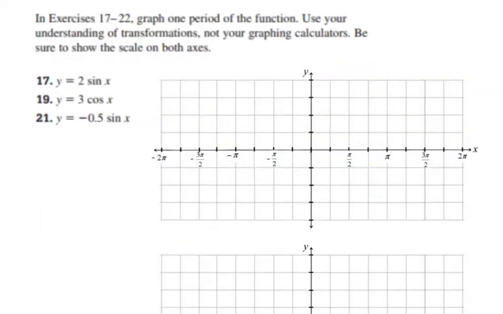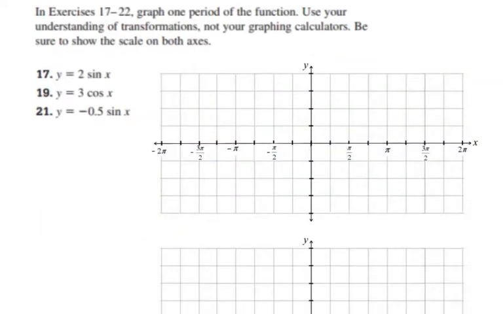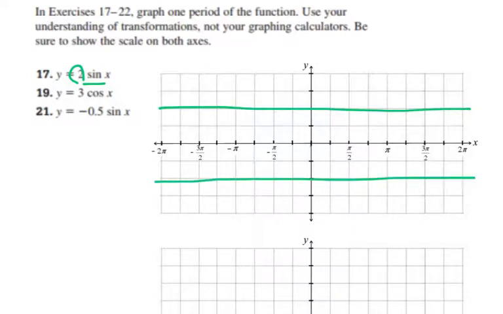Alright, next piece, they want you to graph a period of the function and use your understanding of transformations, not your graphing calculator, to do this. So, this one here is sine, but the only difference is that it now goes to 2. So it's going to be sandwiched at 2 and negative 2. And since it doesn't have a b value, its period is 2 pi.